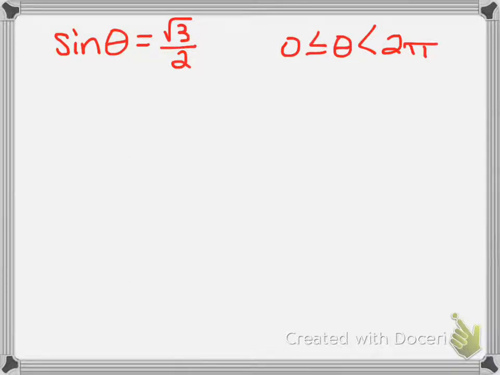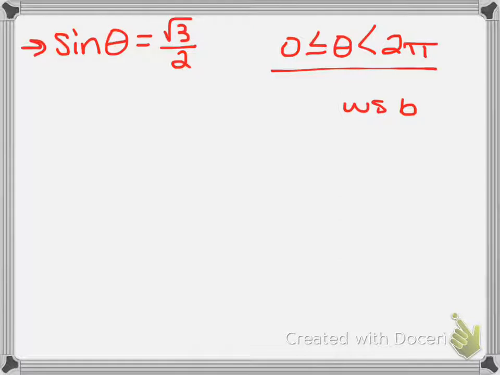So on worksheet B, which is a little bit of a backtrack, you guys did an entire worksheet solving equations like this one right here, where the trig function you were looking for was already isolated. You were already given the trig value on the other side of the equation, and the question you were answering is what angles between 0 and 2 pi had that particular trig value.